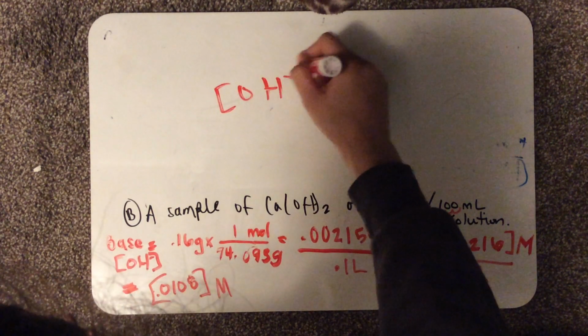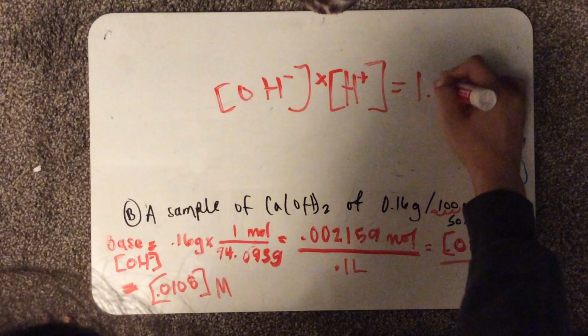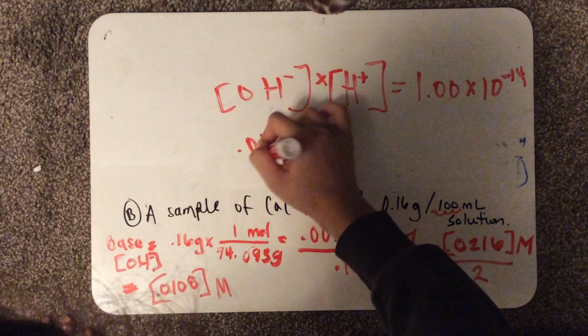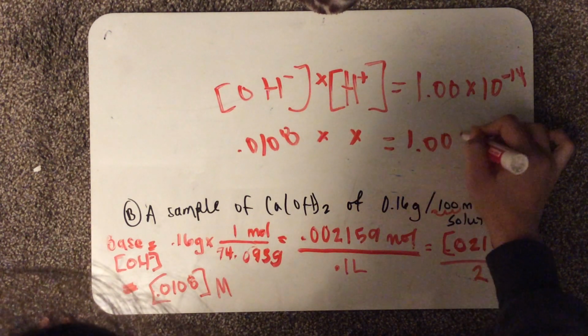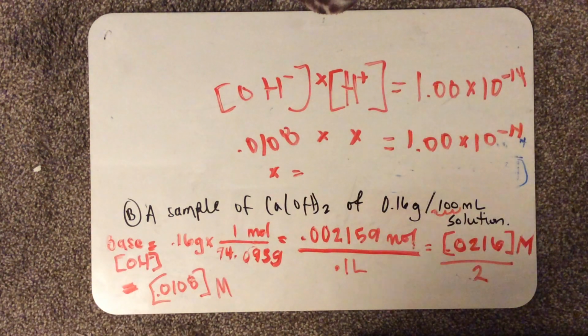So again, we can use this formula, and I'm going to abbreviate H3O plus as H plus. We already have this, and so now we just need to solve for our X here. I'm going to real quick plug this into my calculator.